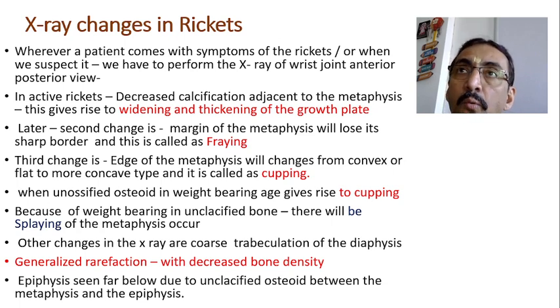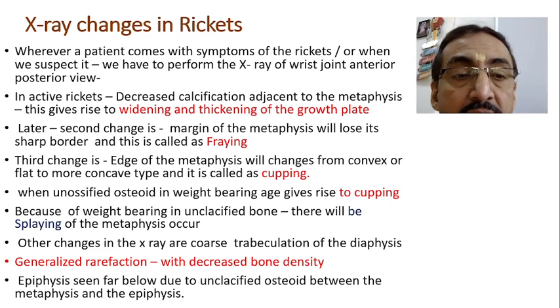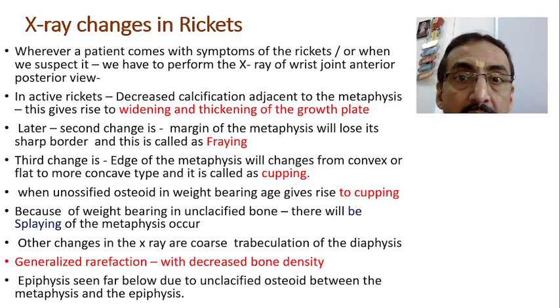So when you are involving weight bearing on a soft bone area, more weight has been put on that area, so it tends to expand, or it tends to prolapse, or spread sideways. Okay, so this particular change is called splaying.